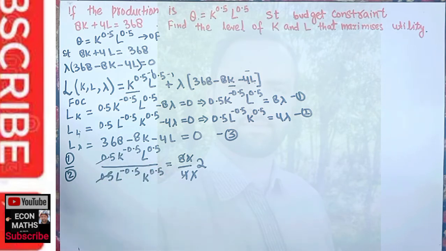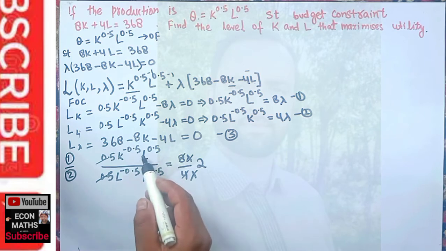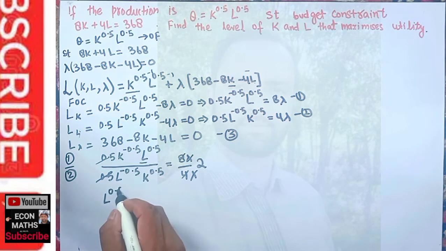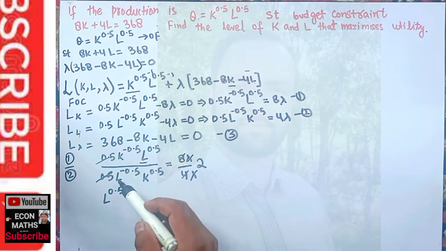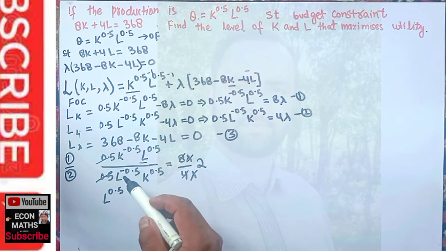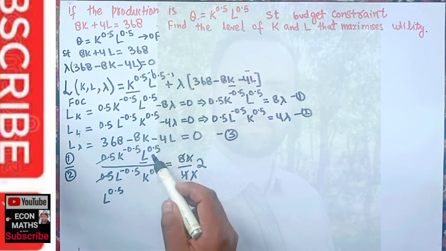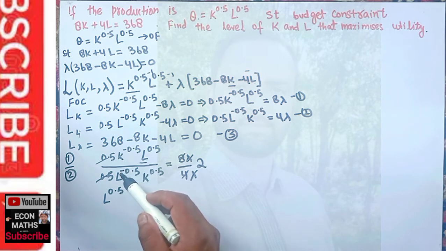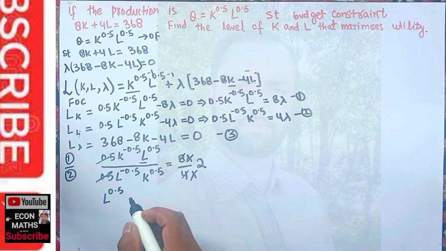Now what will we do here? I will write L to the power 0.5, and I will transpose L to the power minus 0.5 to the numerator. When transposing denominator to the numerator, the sign of the exponent gets changed. Since it is minus 0.5, it will become plus 0.5.